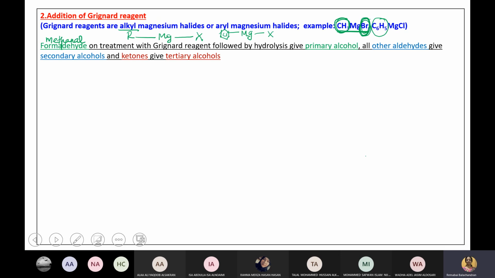See, first of all, formaldehyde. Do you remember the formula? HCHO. This is formaldehyde or methanal. You treat this with CH3MgBr followed by hydrolysis. So how to write it? H, C double bond O, just like what we did in the previous case, plus CH3MgBr.